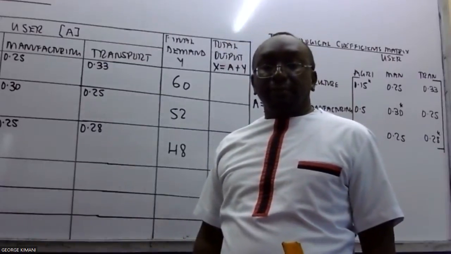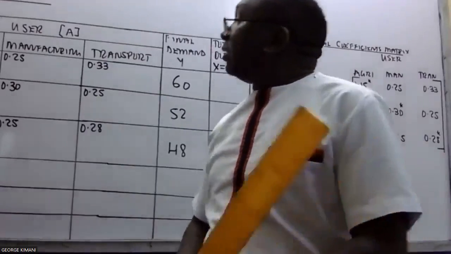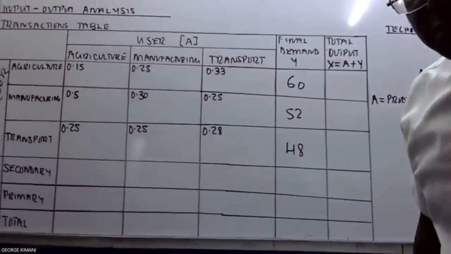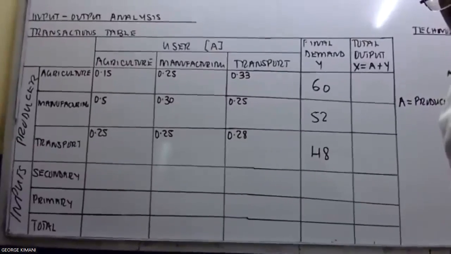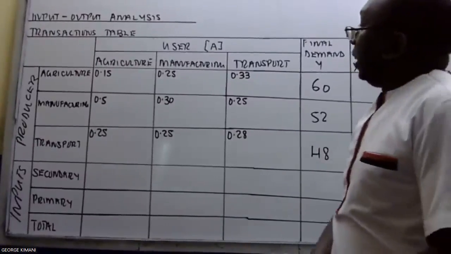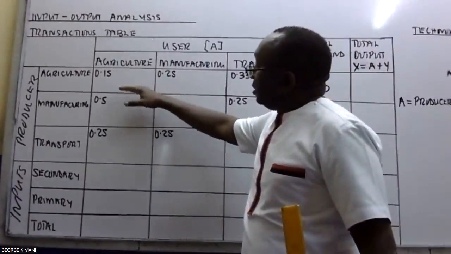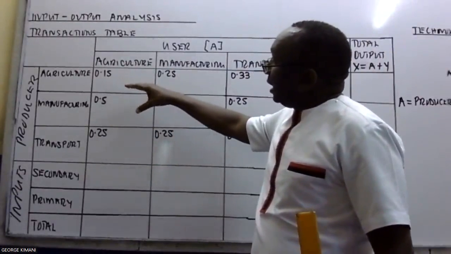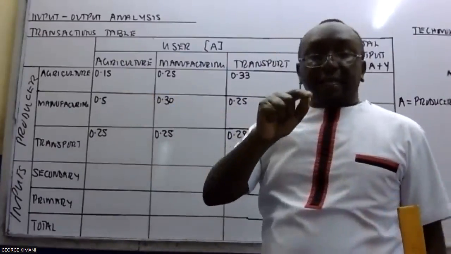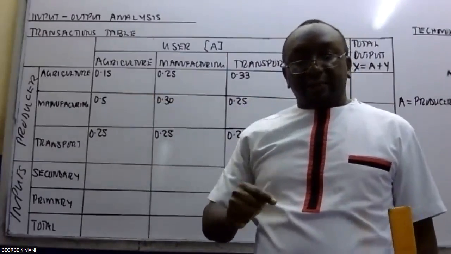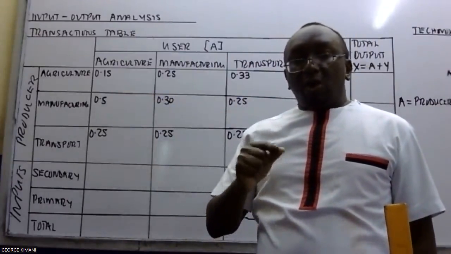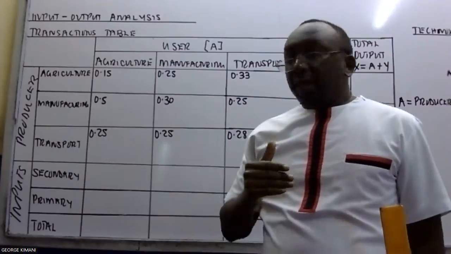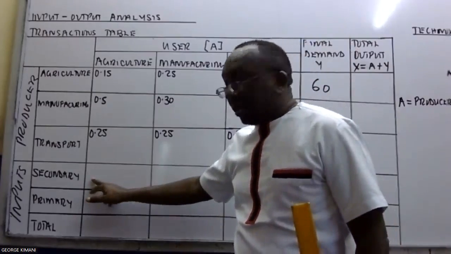Oh, okay. Actually, let me take you back a little. If you look at these three values, they are inputs from that sector itself and other sectors. We also call them internal inputs, and they are the ones we call secondary.